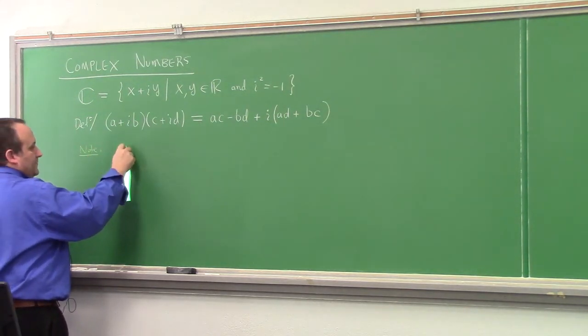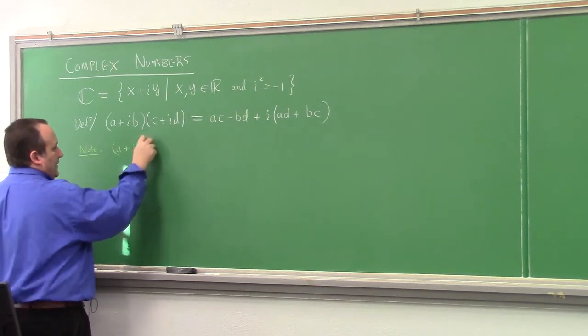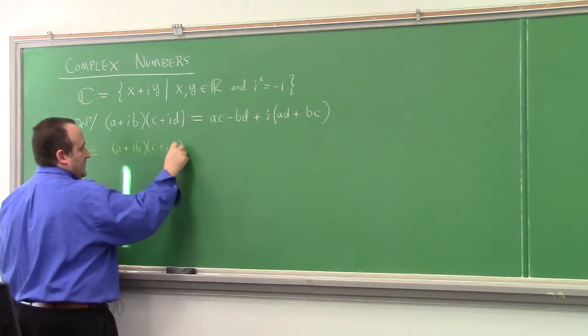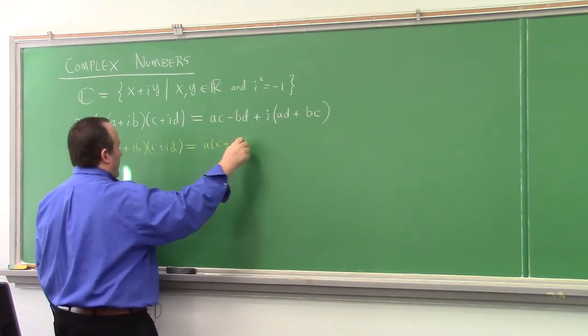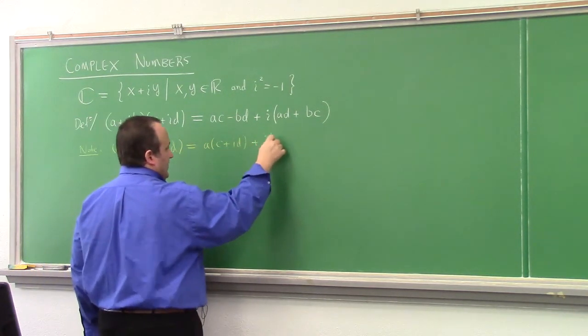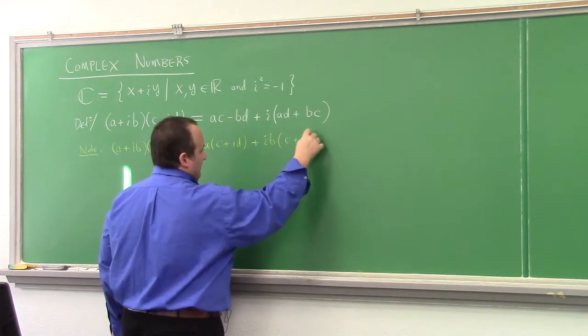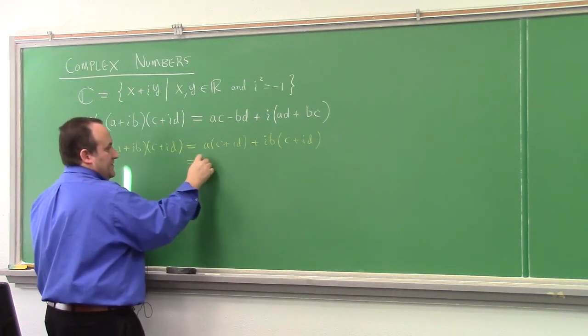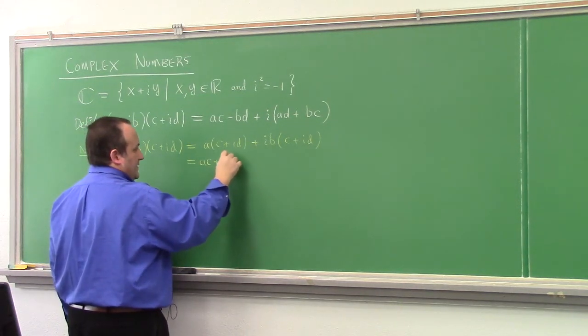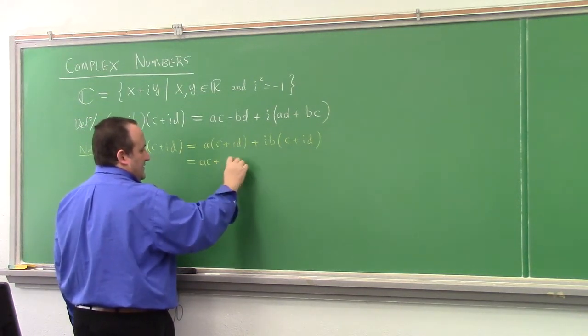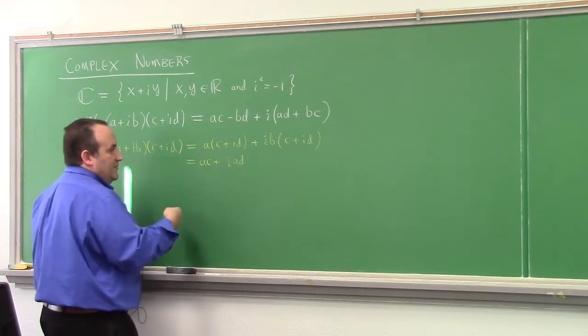so if we have a plus ib times c plus id, we get a times (c plus id), plus ib times (c plus id), which is ac plus iad. So I'm assuming that the real numbers commute with i.